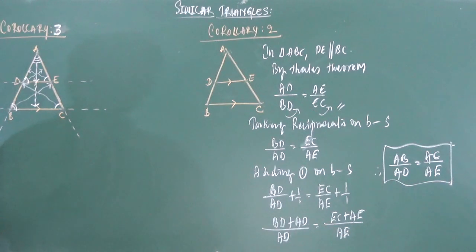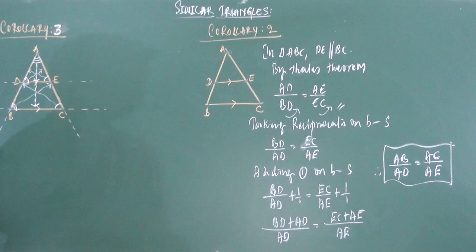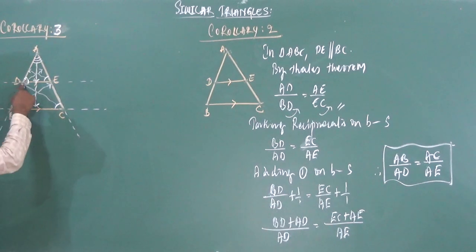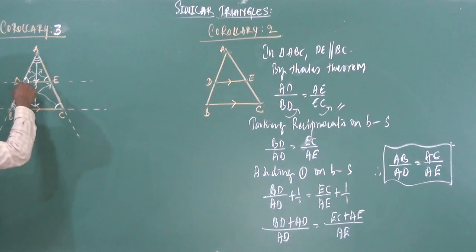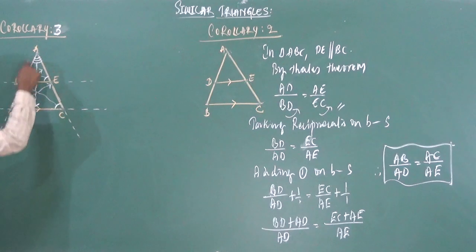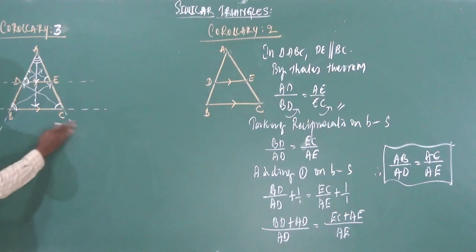So this can be summarized easily in the form of a simple statement. When a line is drawn parallel to a side of a triangle, then the sides of the newly formed triangle are proportional to the sides of the given triangle. So this is corollary 3. You have to learn this statement by heart.